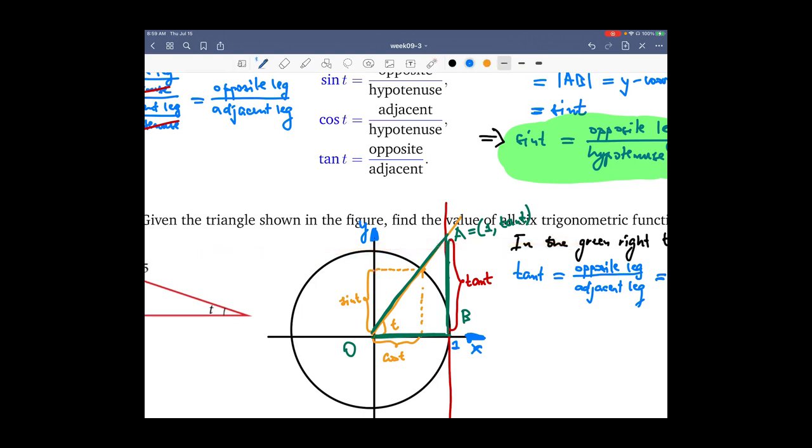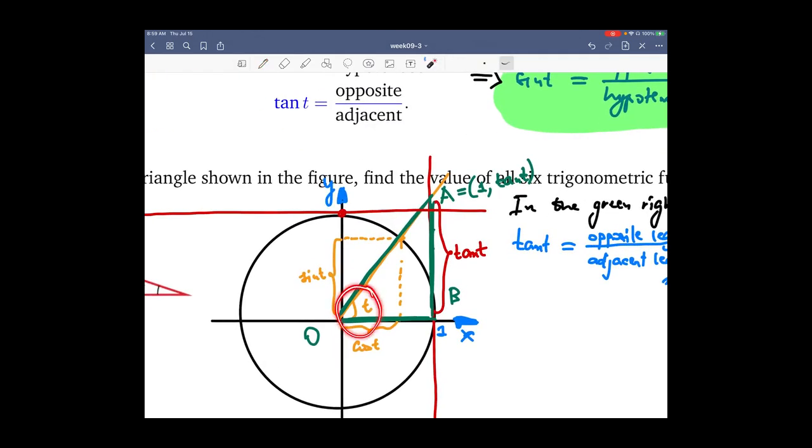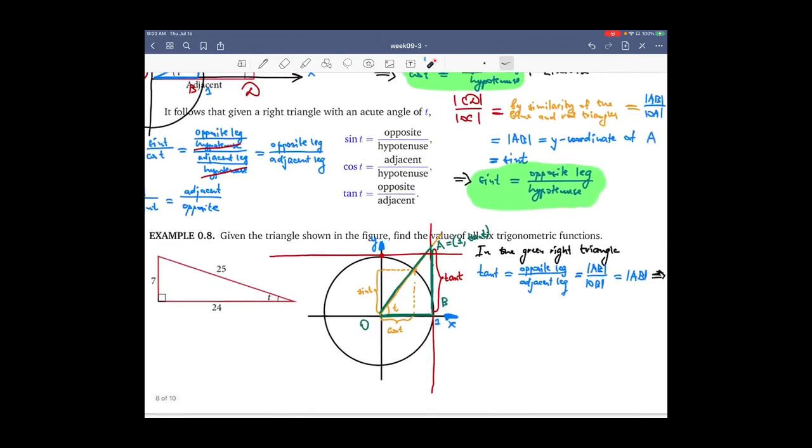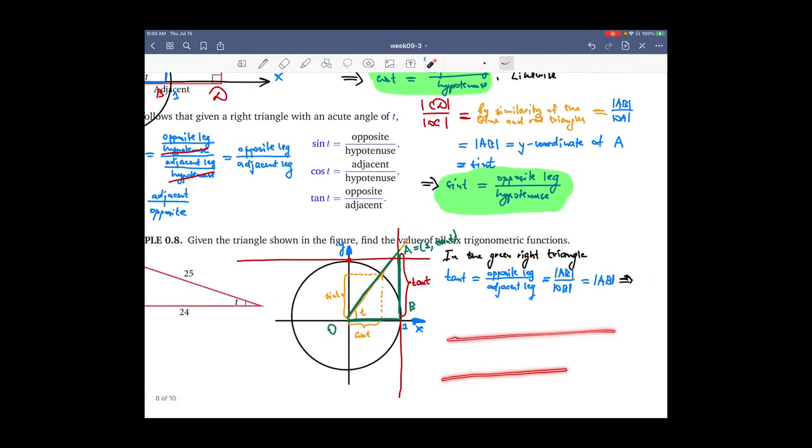Let's see how. Well, because this angle is t, and these two lines are parallel, this angle is also t. Remember, we constantly use this property. If a pair of parallel lines is crossed by a third line, we have pairs of equal angles.